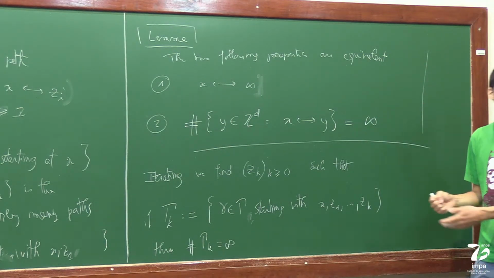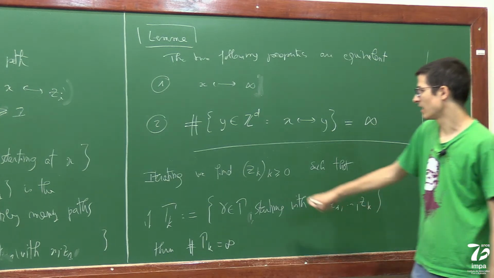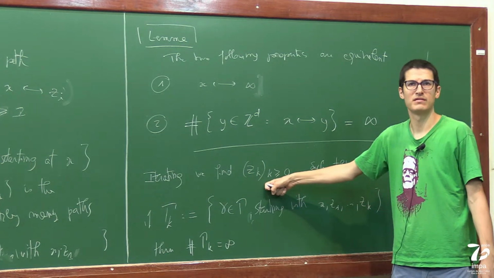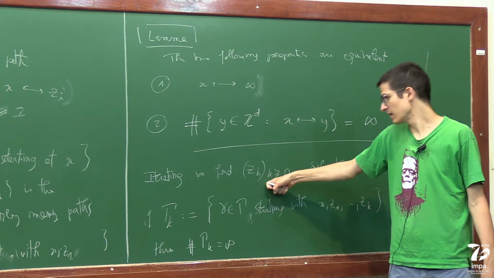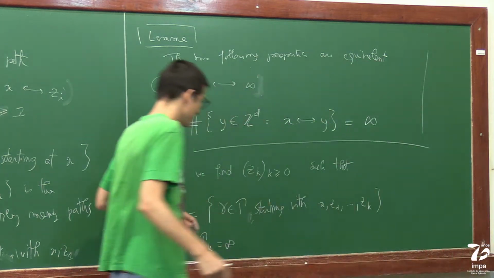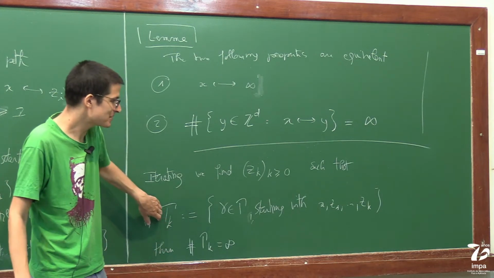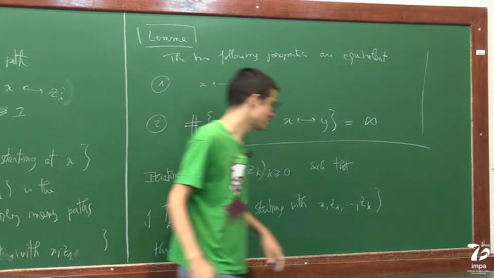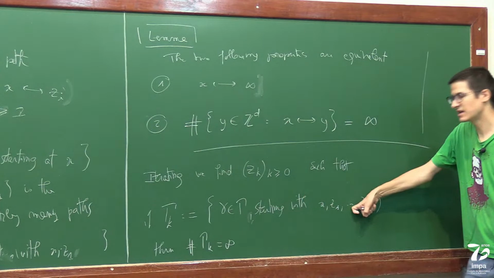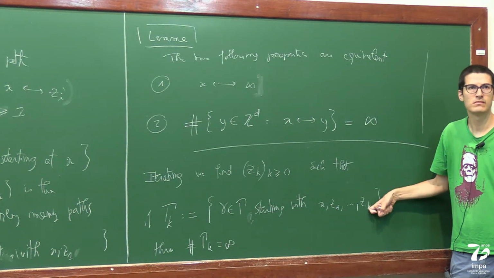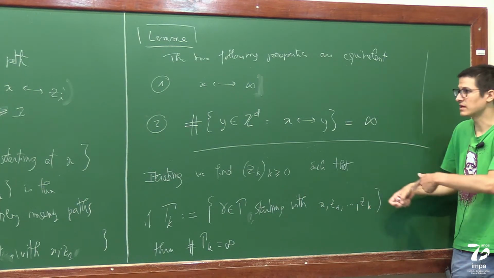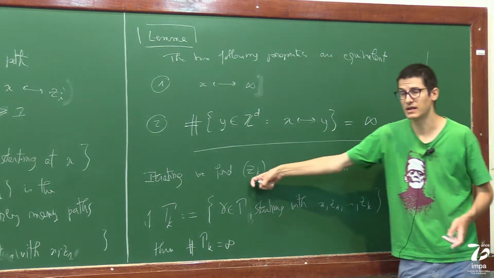Okay, and then it's over, of course, because this sequence gives you an infinite open path. The fact that this is non-empty tells you that in particular the edge Zk minus 1, Zk is open. And this is the case for every k. This Zk gives you an infinite path.